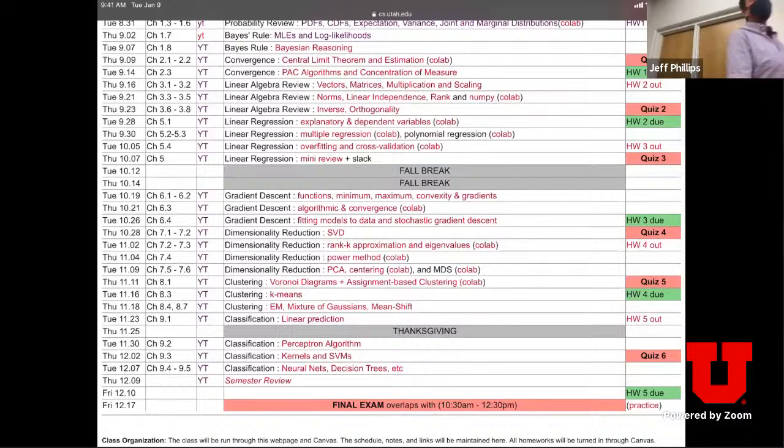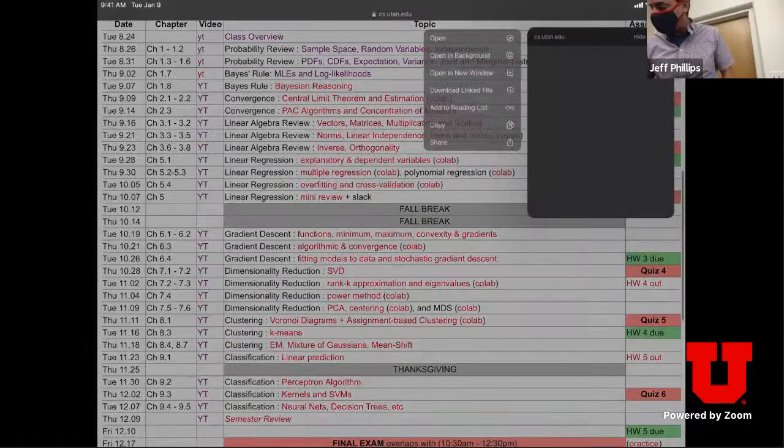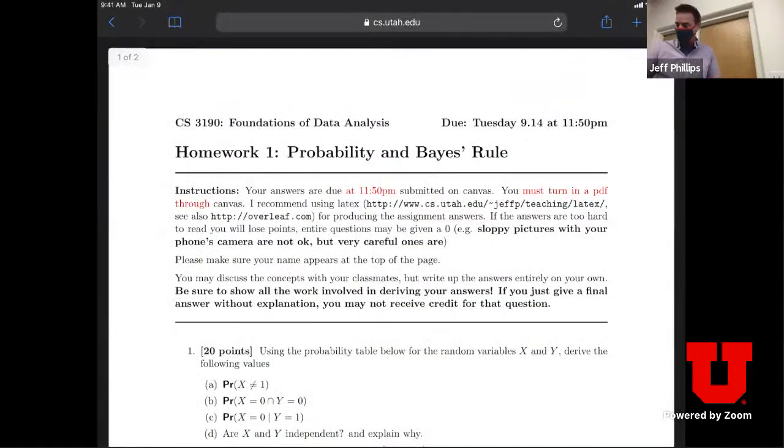Otherwise, if you've taken it before, maybe just last spring, homework 1 is going to be pretty easy. A couple of the questions are directly from a probability class you probably had before. A couple of them are going to be new questions about extensions to this material.